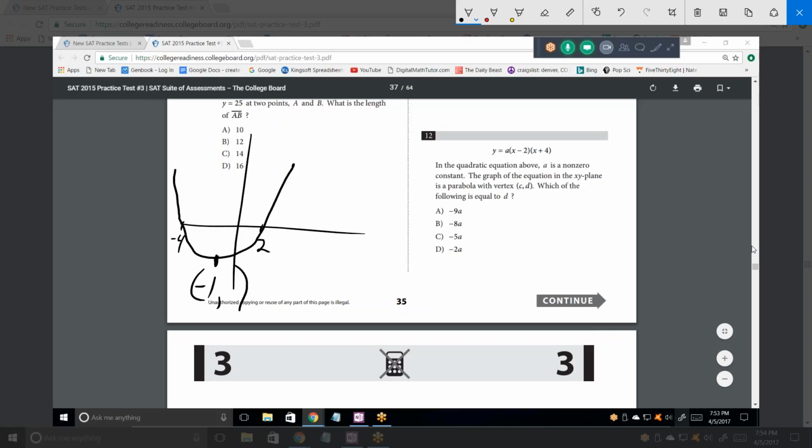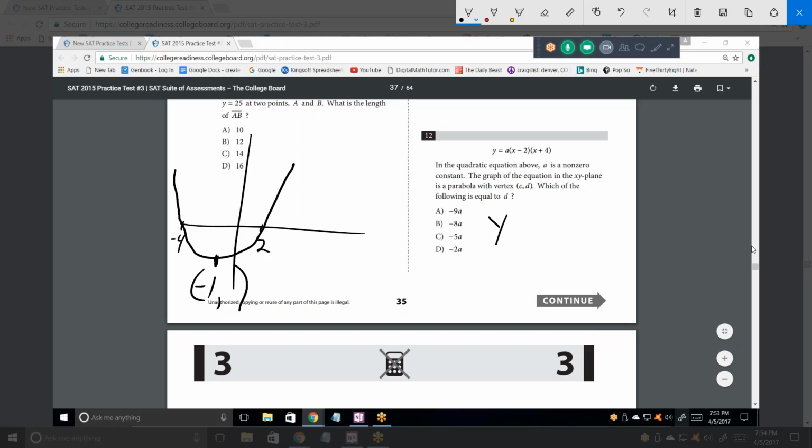So now we know at least the x-coordinate of the vertex. In other words, we know what C is. So now we can do exactly what you were saying. We know C is -1. So let's plug it in. And now we'll end up with an equation where D will be defined in terms of A only.